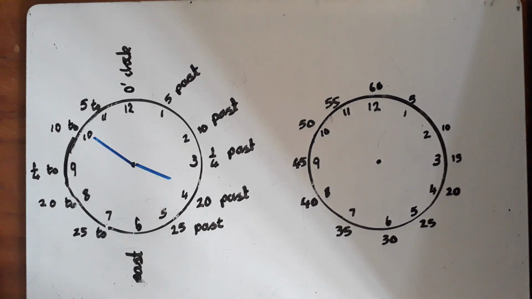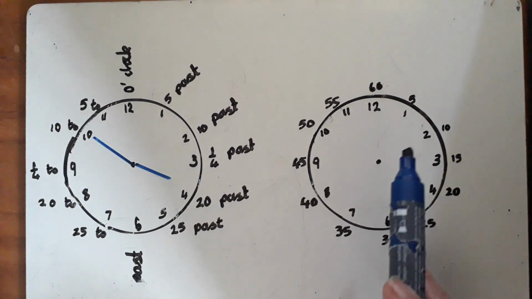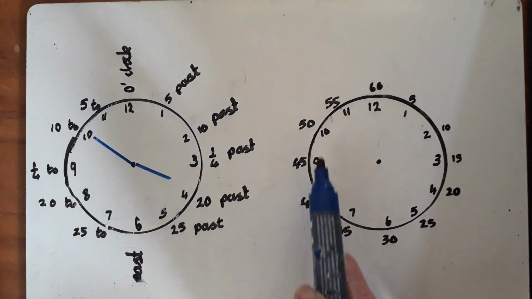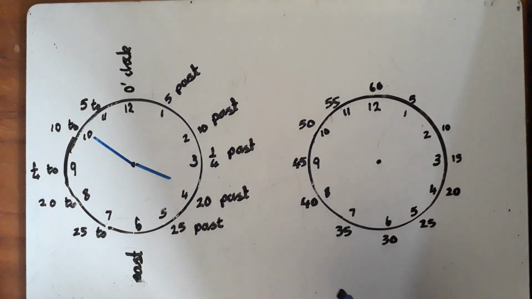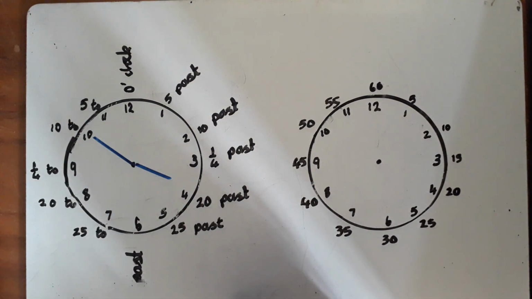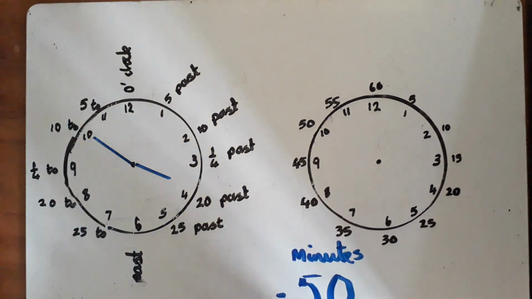Now what we need to do is write the digital time. We're going to think about where our minute hand is, and if it's 10 to 4, the minute hand has travelled around 50 minutes. Down here, we know that it's 50 minutes, and those are our minutes in our digital time. Now we need to work out the hour.